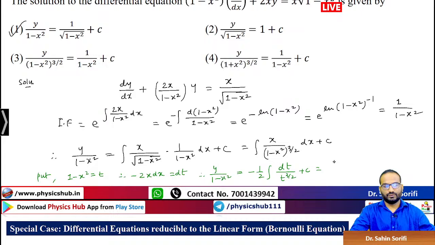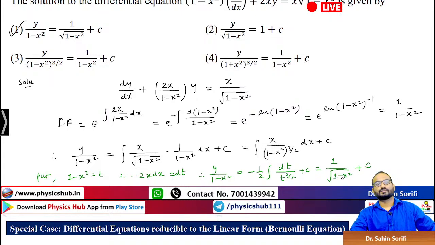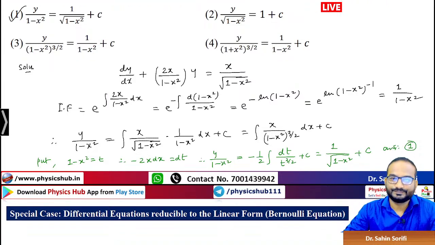So this will give you 1 upon root over 1 minus x square plus c. Okay, so option C will come in this way. So option A, option 1.